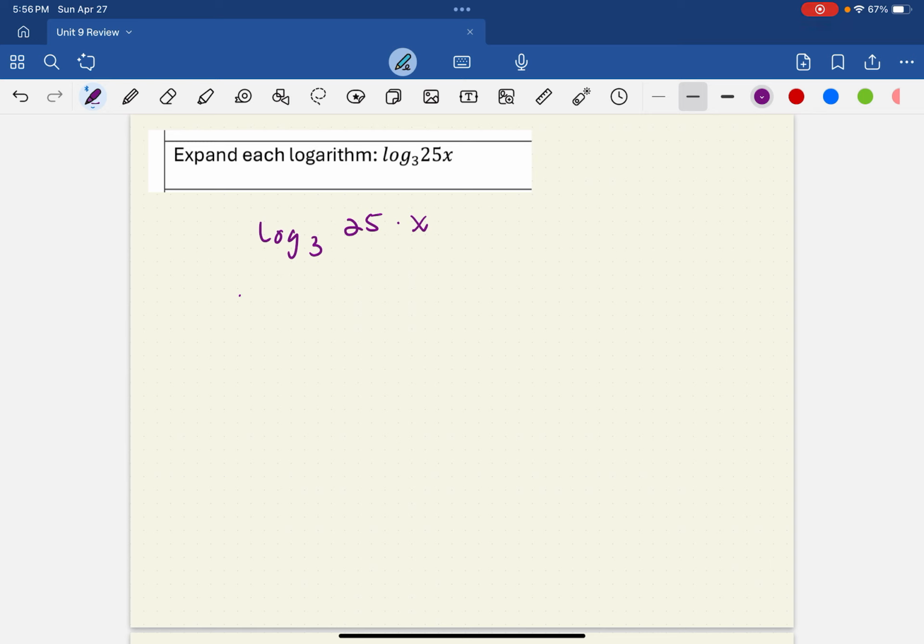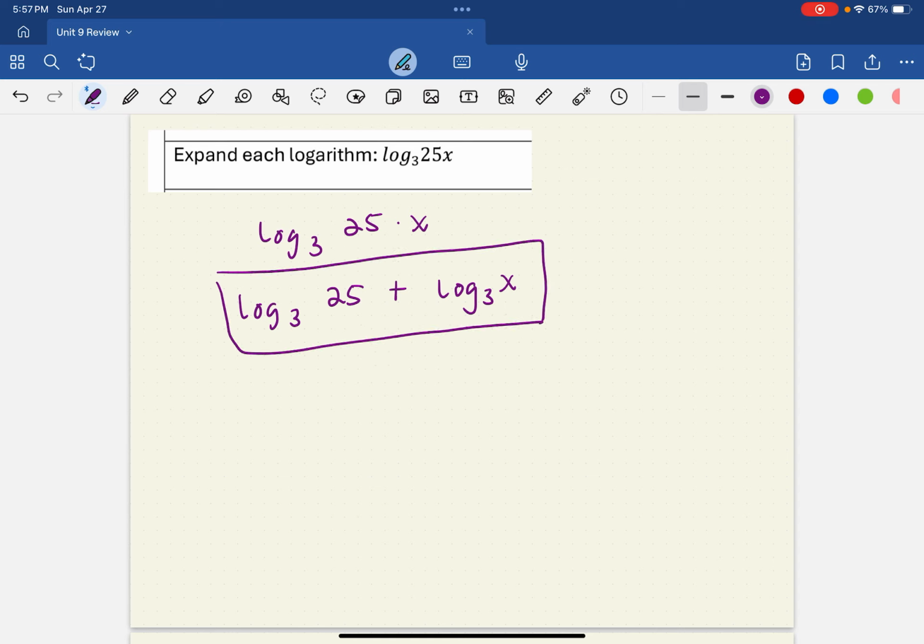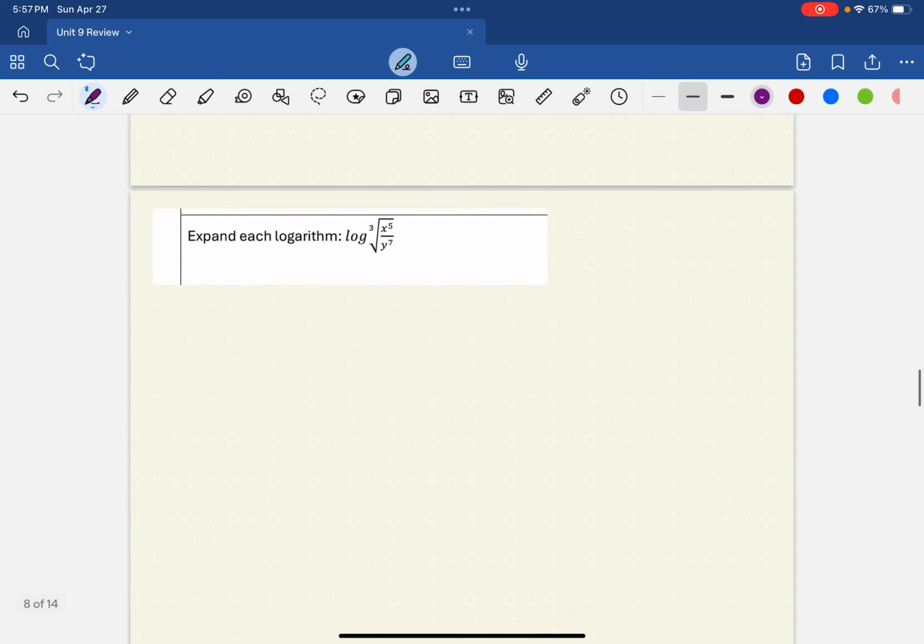Okay, so I am doing log base 3, 25 plus log base 3 x. Okay, and then that's pretty much it. You can break the 25 down further if you want. However, I'm not going to give you more points for that, so this is really it. Let's go ahead to the next problem.